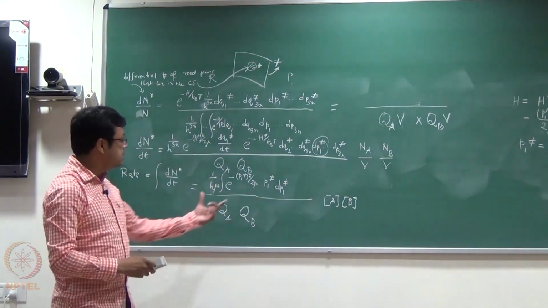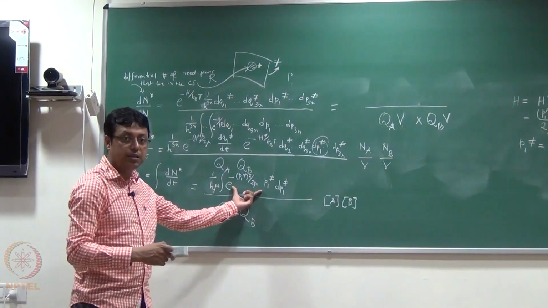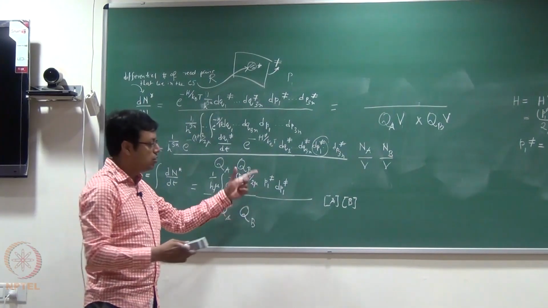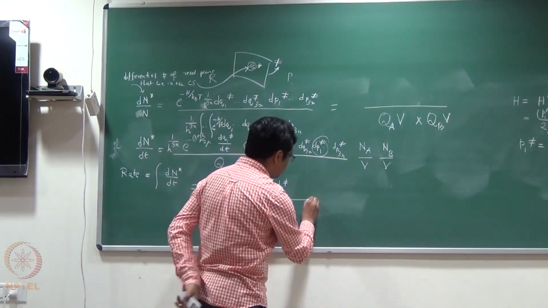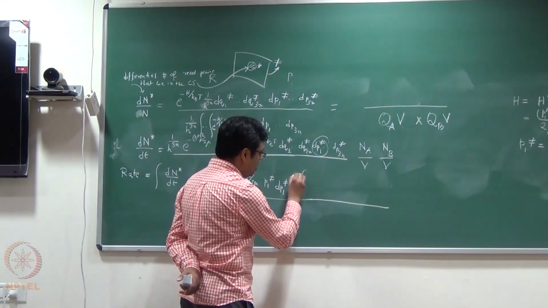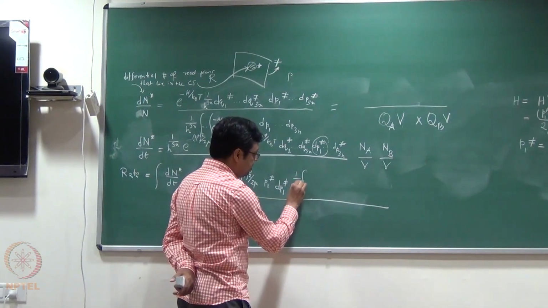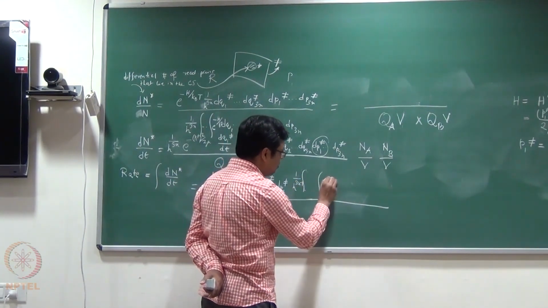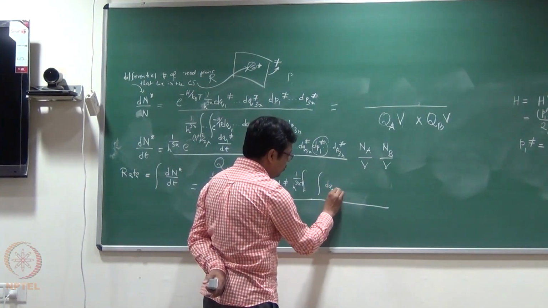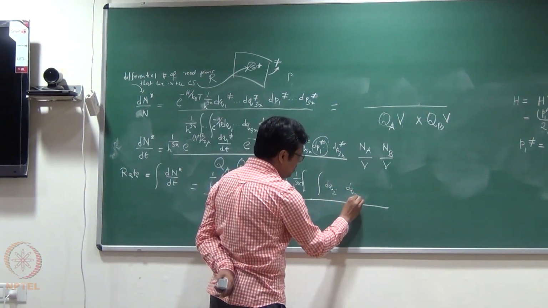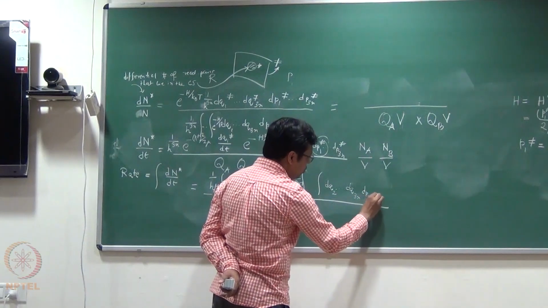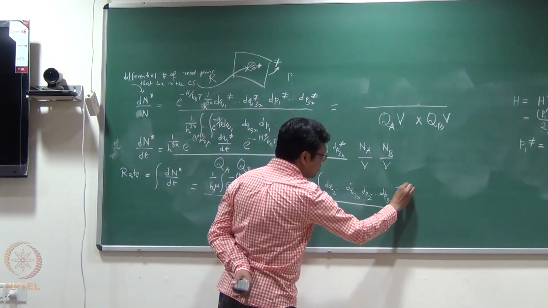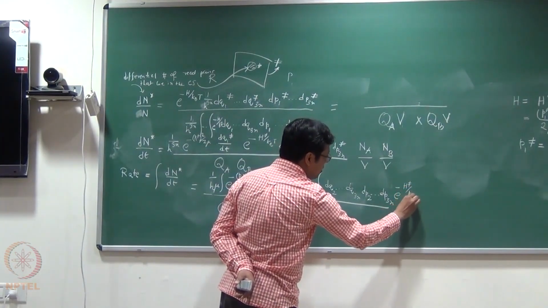Clear? This is just one integration, but there will be 3n integrations. Actually, there are 6n integrations. All the others I will write together: 1 by h to the power 3n minus 1, with dq2 to dq3n, dp2 to dp3n, and e to the power minus h dagger by kBT.